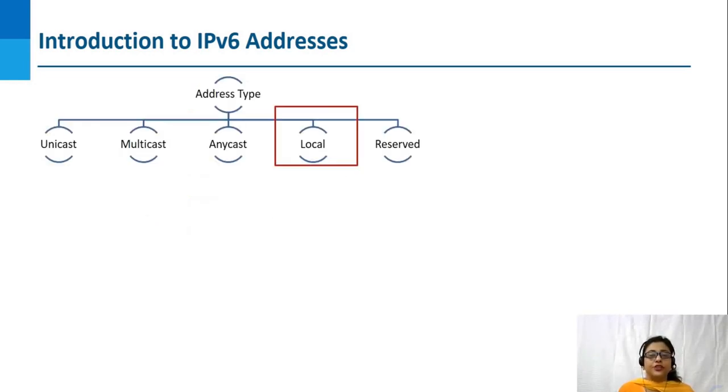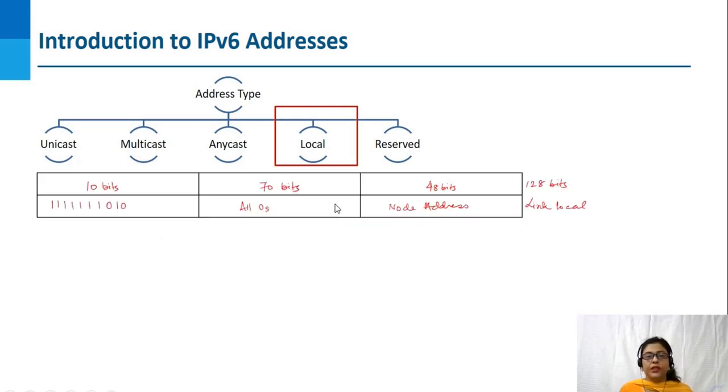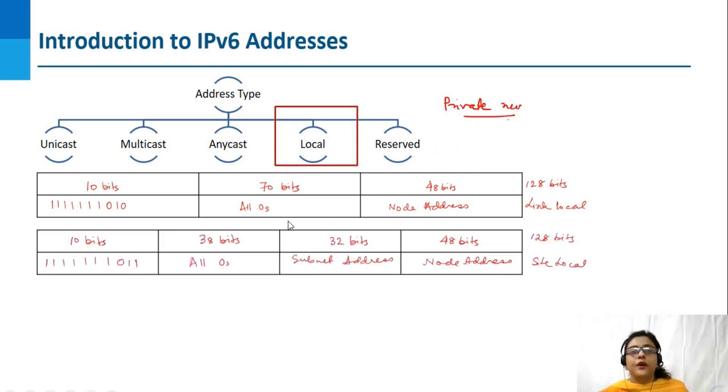Next, we turn our attention to local addressing. It is basically used when you want to send messages in a private network, outside the internet. There are two types of local addressing.